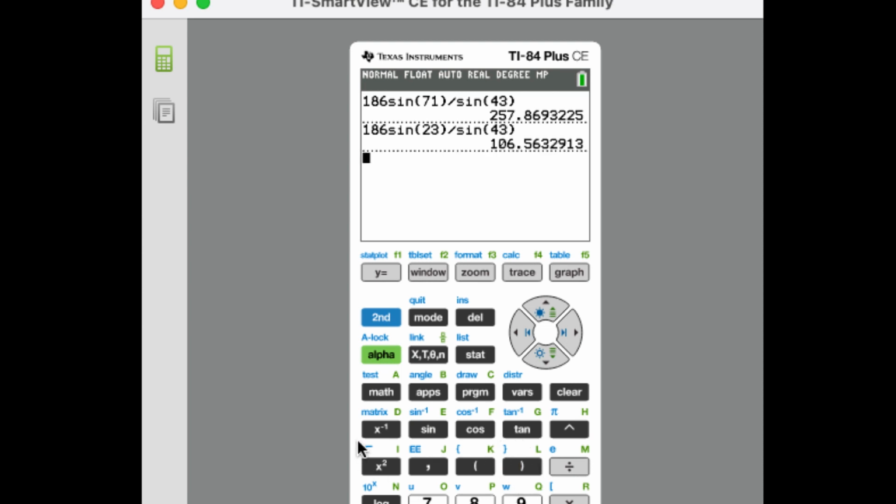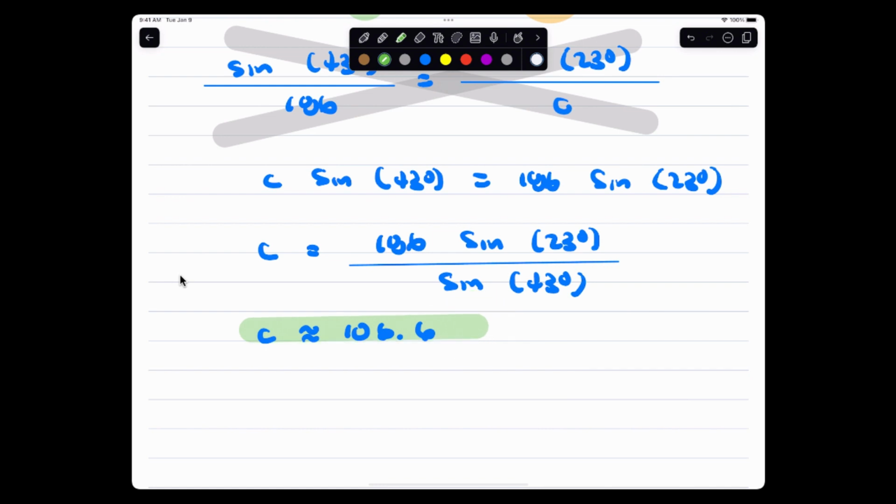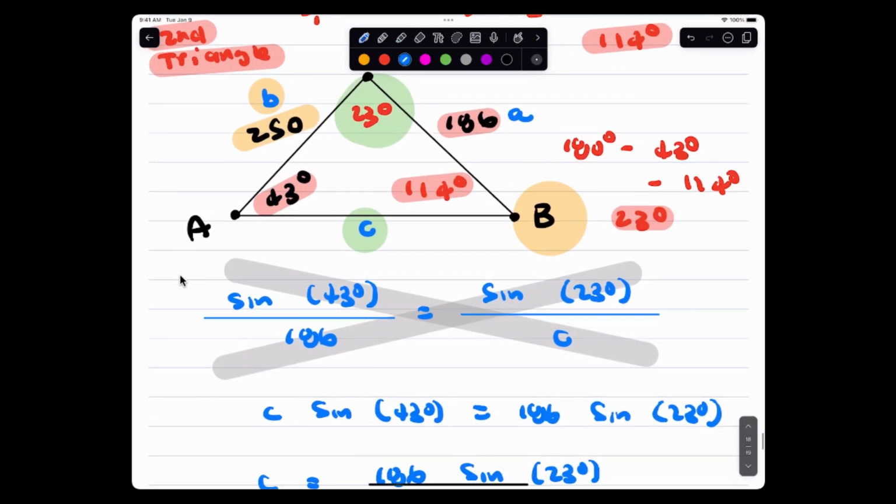And what do you guys get? Go into the nearest tenths here. 106.6. Good. So that's going to be the remaining little c here, 106.6. And so, sure enough, we do have two solutions. Okay.